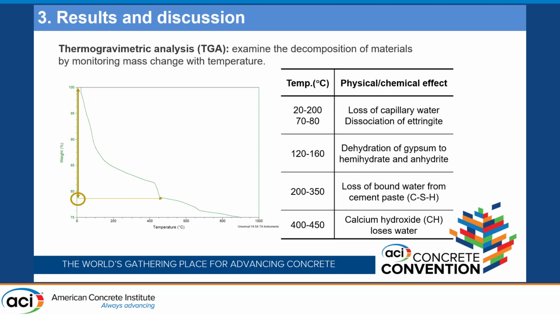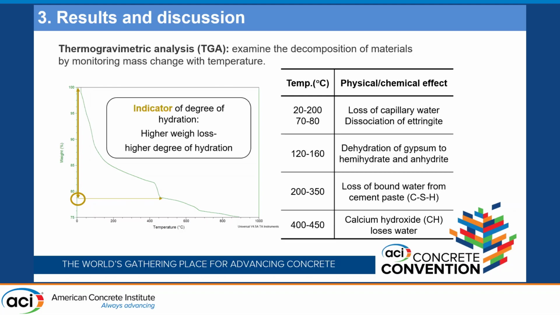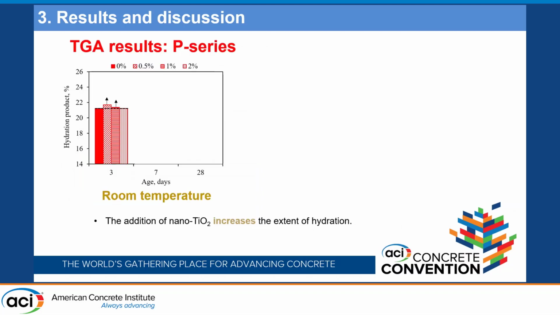Okay, so this is the total amount of water loss that we were concerned with, and some results that we got from that. You can see on this slide 0%, which means there was no nano titanium dioxide added, and then we have bars for 0.5, 1, and 2%.